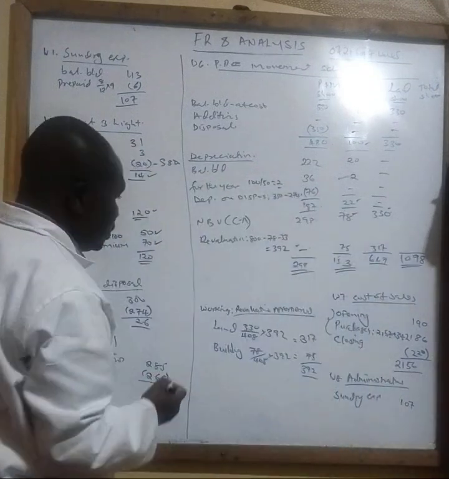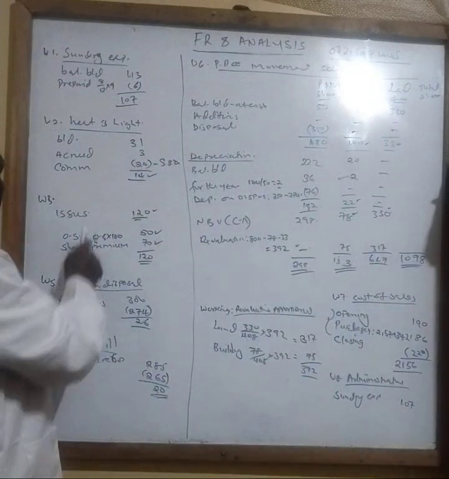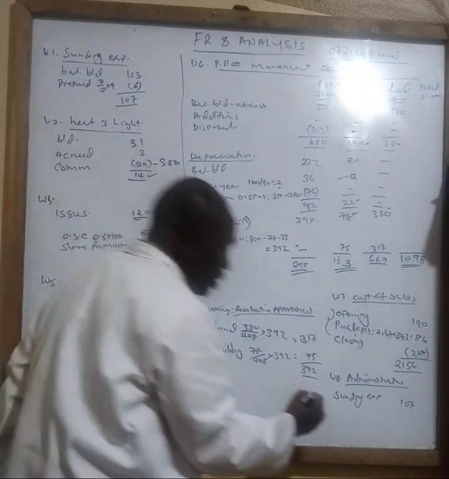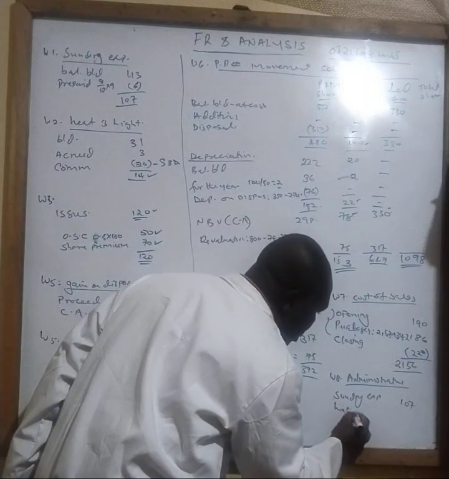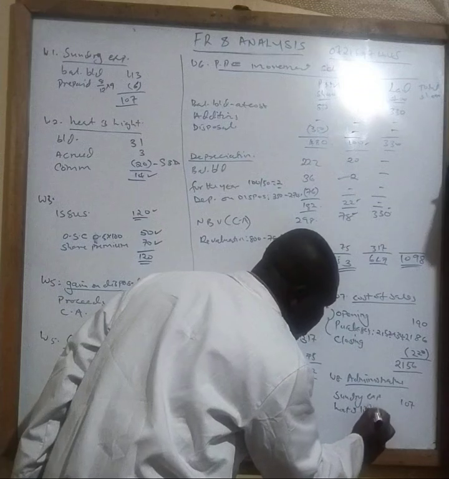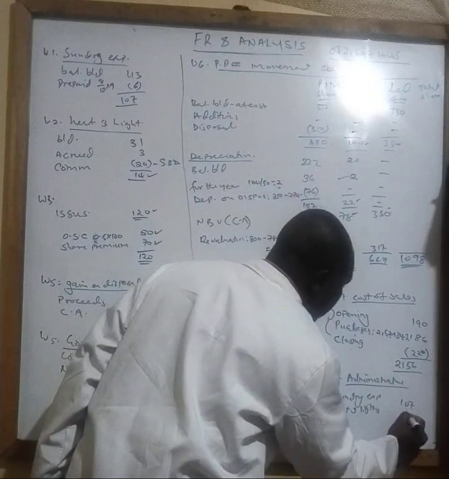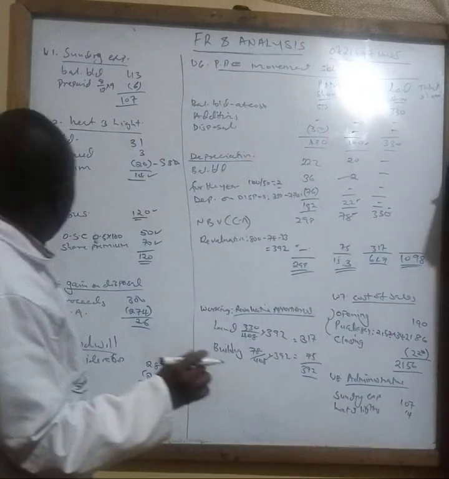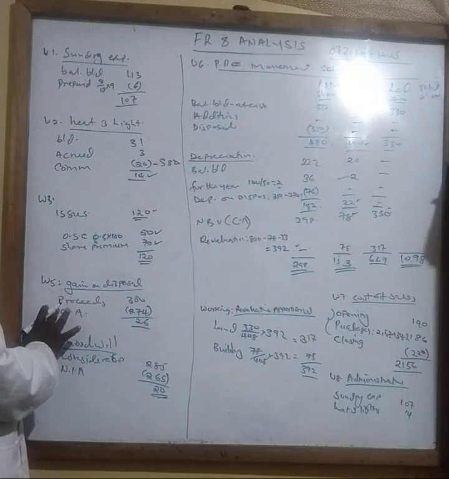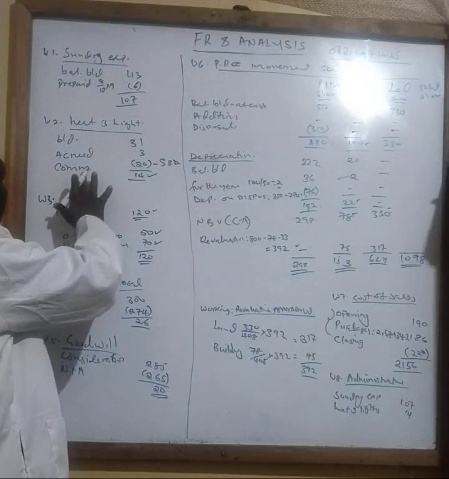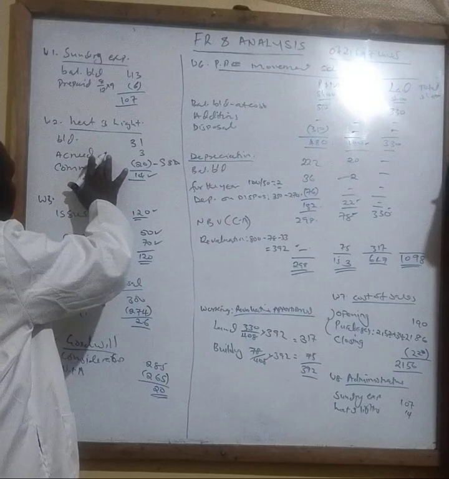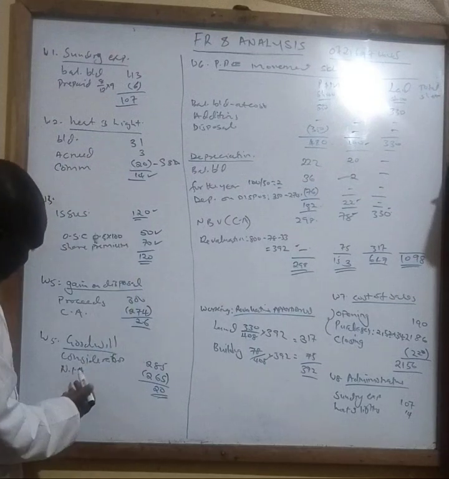Any other administrative expense? Heat and lighting. Yes, it is here. Heat and lighting, how much? 14. Any other? We said this is accrued expenses. I've already worked out that.